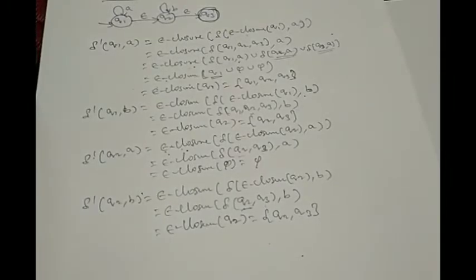So I have taken two states here, that is Q1 and Q2. I have applied both inputs and found delta dash. The last state left over is Q3.